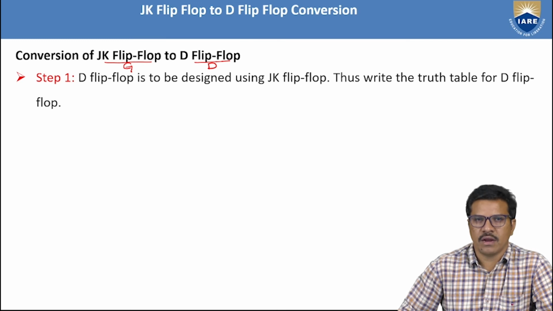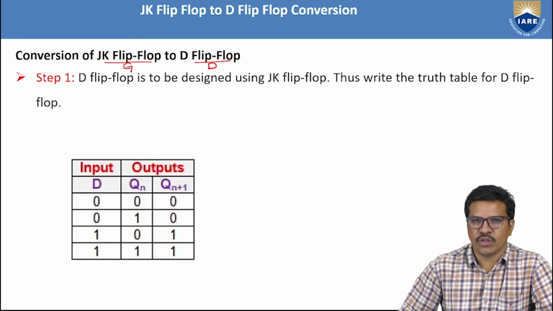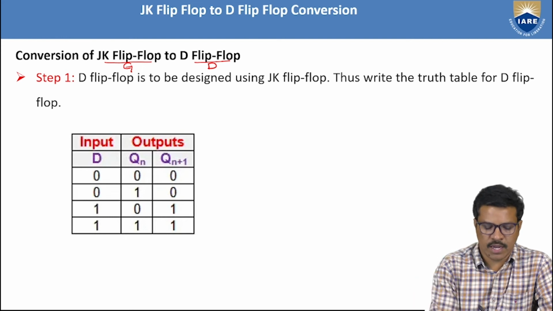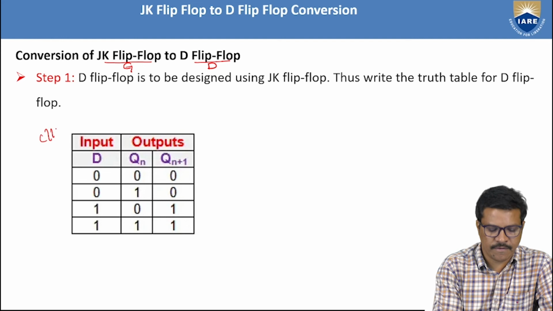Step 1. D flip-flop is to be designed using JK flip-flop. Thus write the truth table for the desired flip-flop, the D flip-flop. So we know the truth table. It gives the relationship between input and outputs. D is the input, assuming that the clock is high.